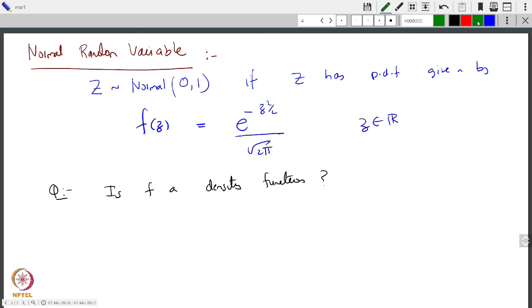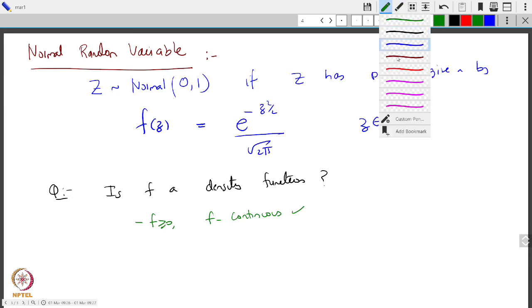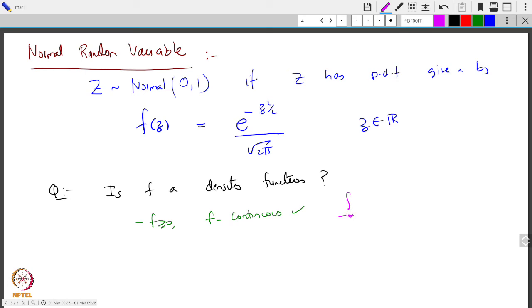Some properties are obviously clear. f is non-negative. z squared is continuous, e to the power is continuous, so f is continuous. That's easy to see. To show that the integral of f(x) dx is equal to 1 will take some work. It will not be easy to show, so I will not do this as part of this class. I'll just say we'll assume it.